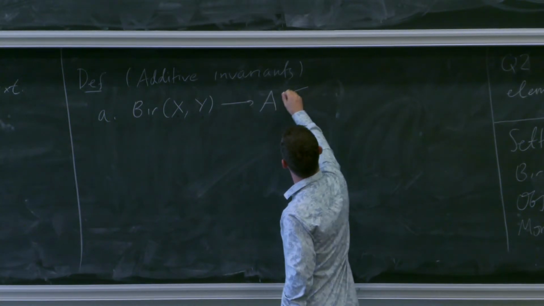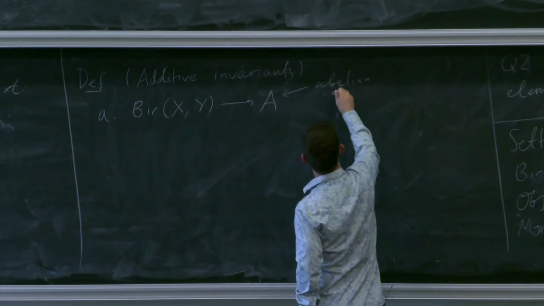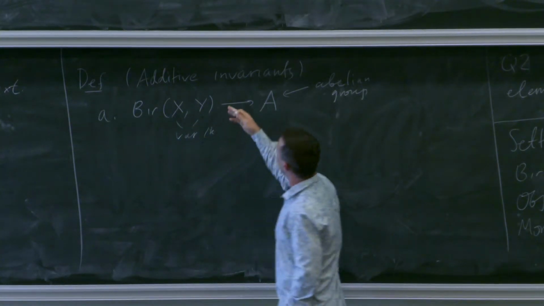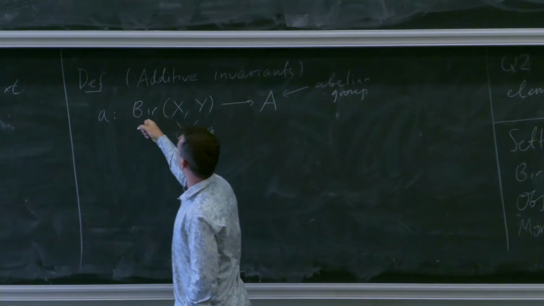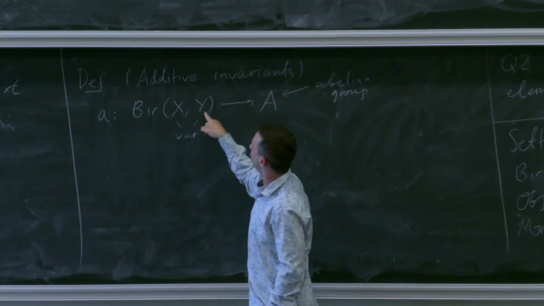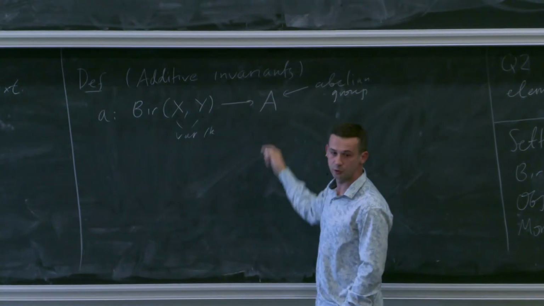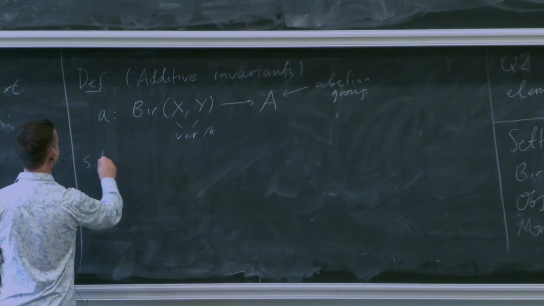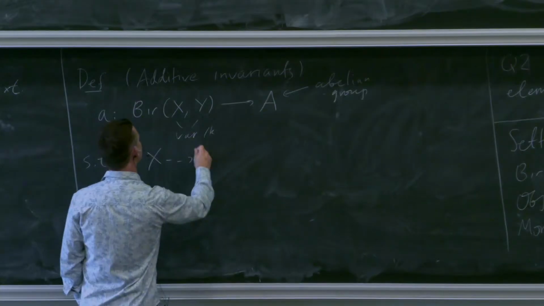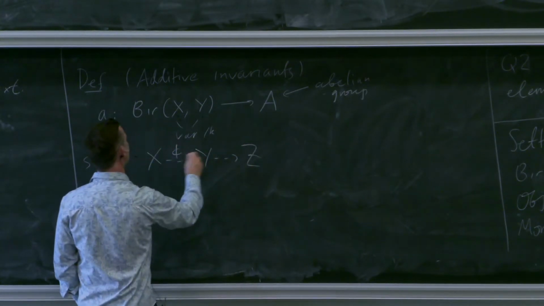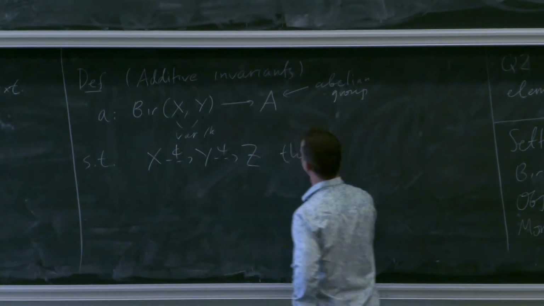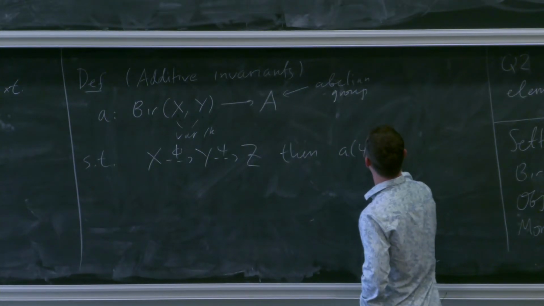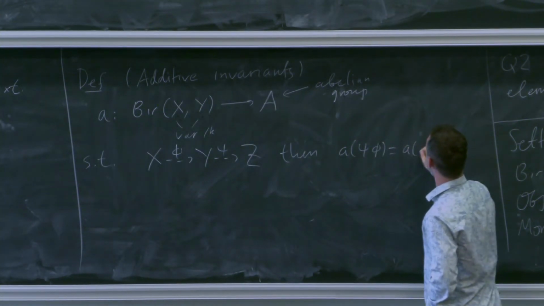So the target is an abelian group, and X and Y are varieties over K. An additive invariant is an assignment like this, that for birational maps between all varieties, it assigns you values in an abelian group. And being additive means it's additive under composition. So if you have X to Y to Z, then you have composable birational maps, phi and psi, and you want this additivity property to hold.